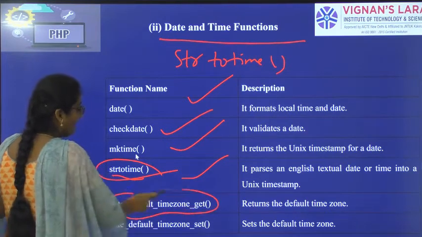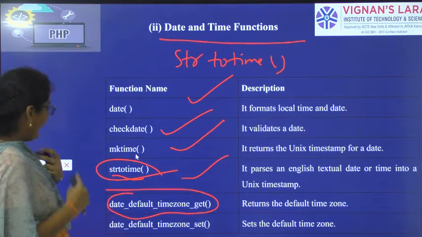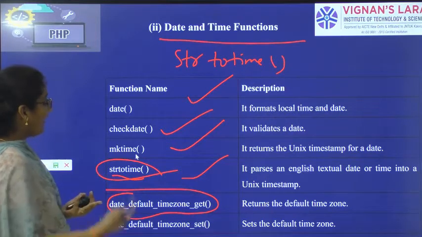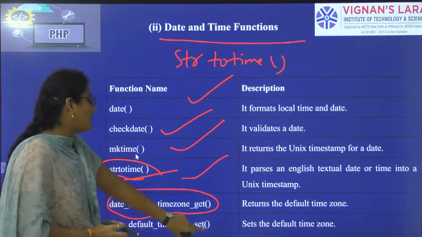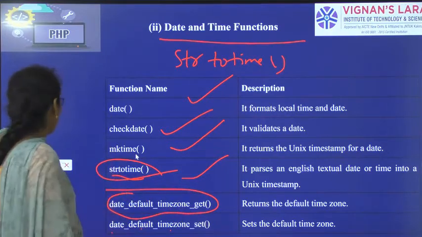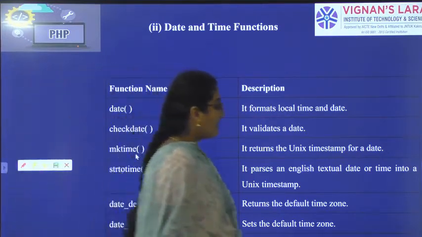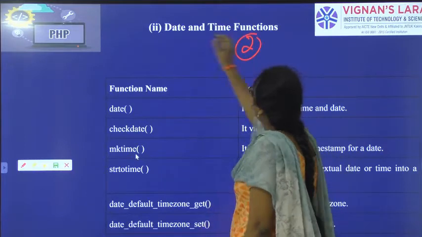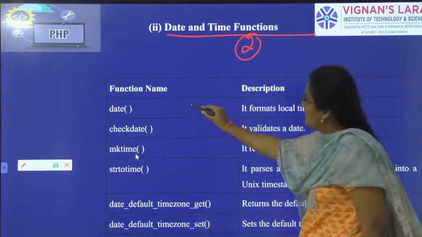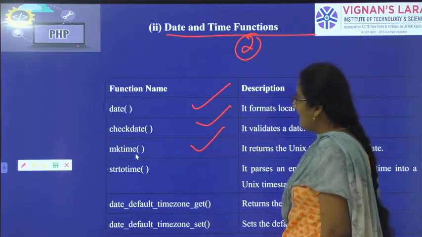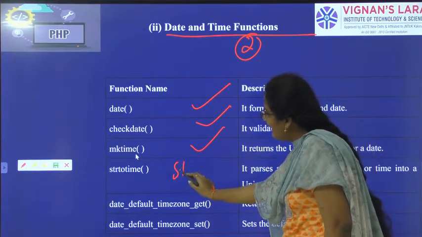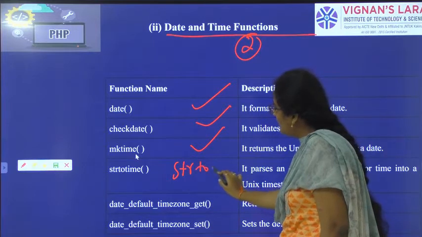date_default_timezone_get returns the default time zone. date_default_timezone_set sets the default time zone. So in predefined functions, the second category is date and time functions: to display the date, to check the date, to return the Unix timestamp, to convert English time and date to a Unix timestamp.